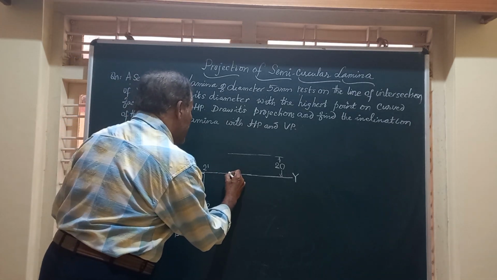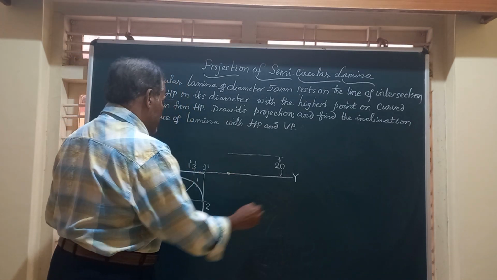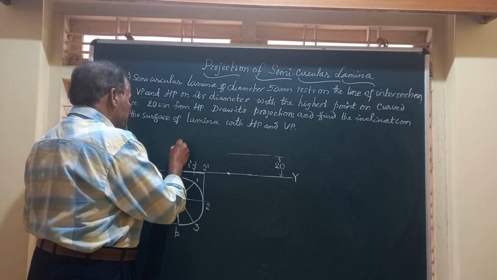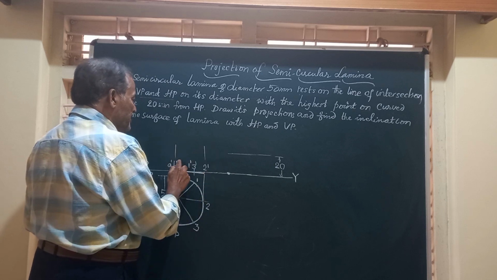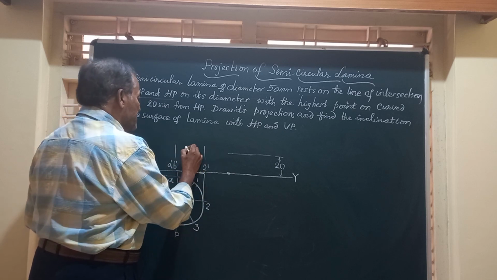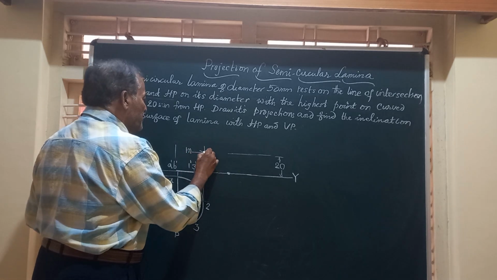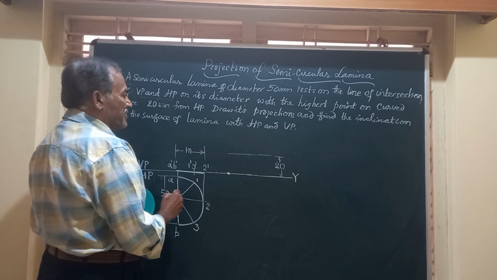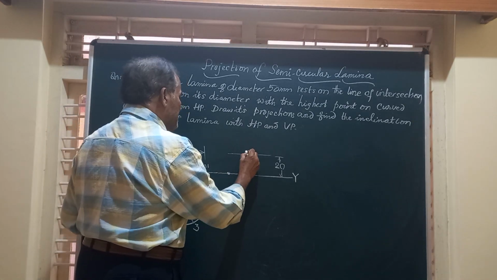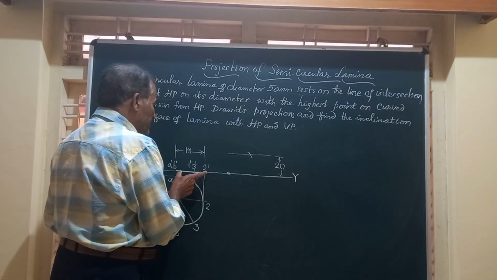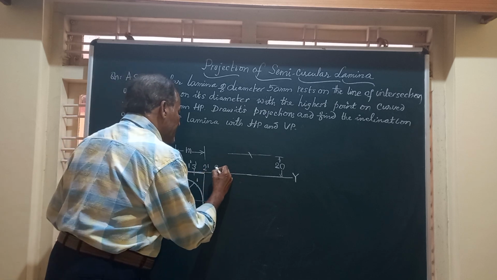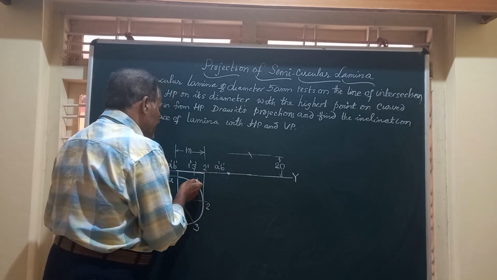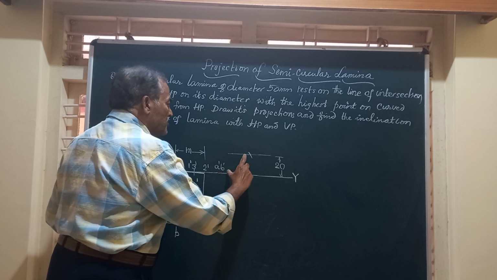So friends, take any point at random on XY. Take the length M, that is the distance between this edge to this edge, which is very obviously half of it, that is radius 25 mm. So take this and strike an arc. So I will take this A dash B dash as center and radius equal to M, which is equal to 25.